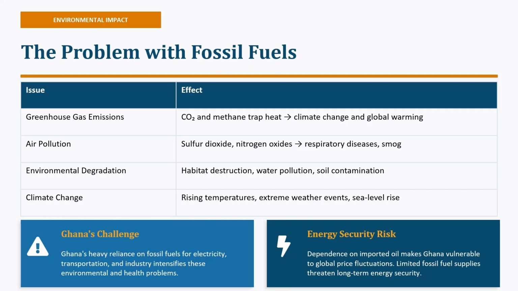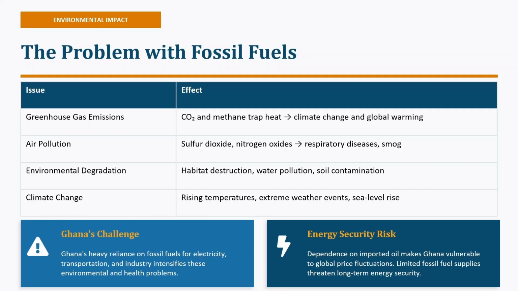They also pollute water bodies because deep down in the soil there are water beds, and sometimes they use some of these water bodies to wash or engage in some of the manufacturing processes in producing fossil fuels. It also leads to the contamination of the soil. So generally, a third problem with fossil fuel is that it leads to the degradation of the environment.